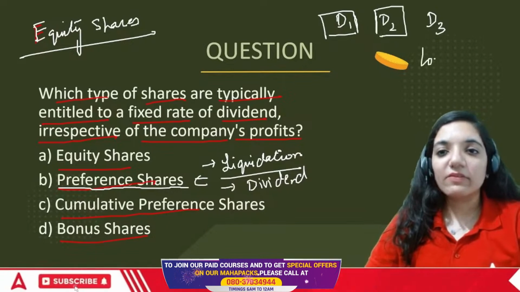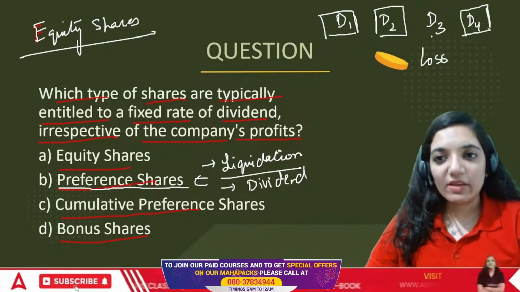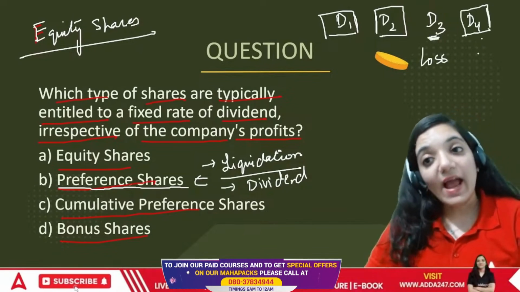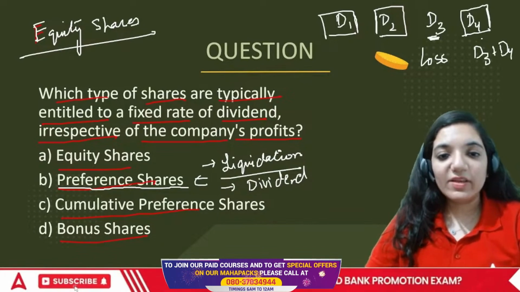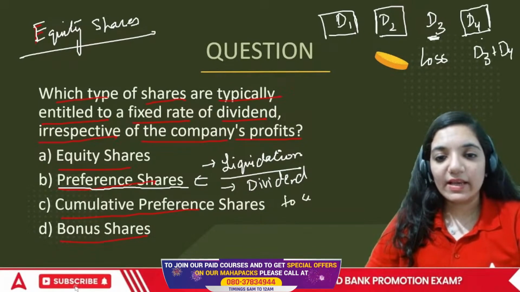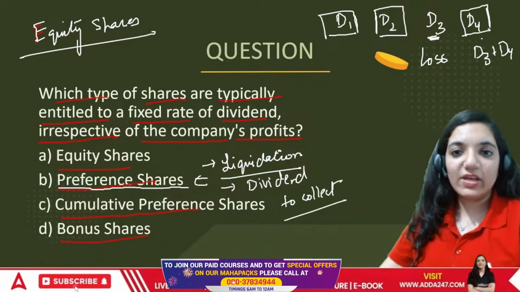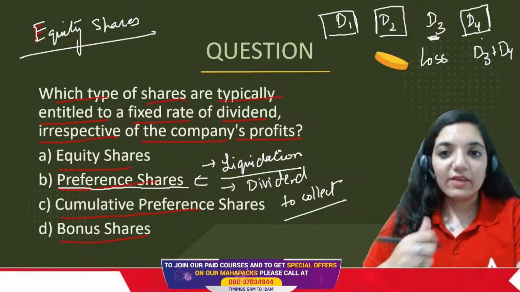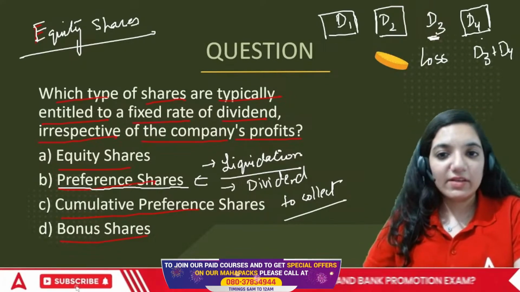In the third year, they faced a loss. Then in the fourth year, when they pay dividend, they will pay dividend for D3 and D4. That is why it's called cumulative. Cumulative means to collect. This means the preference shares are collectively given the dividend later on. If we cannot give it right now, we will give it later on.